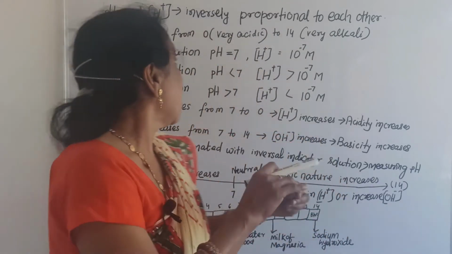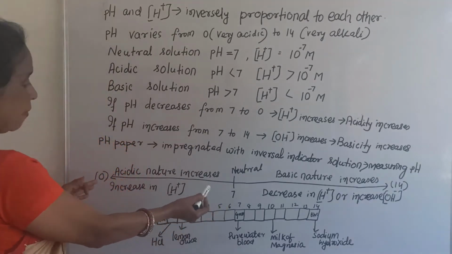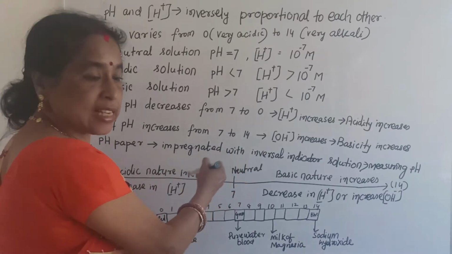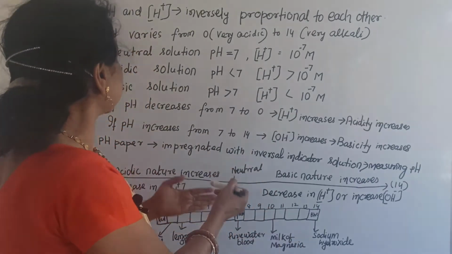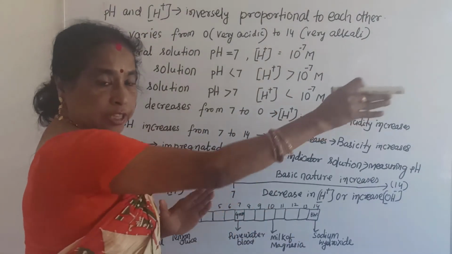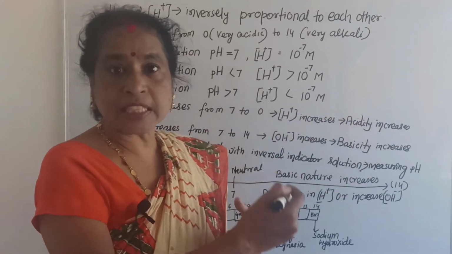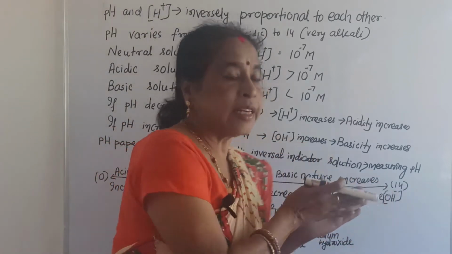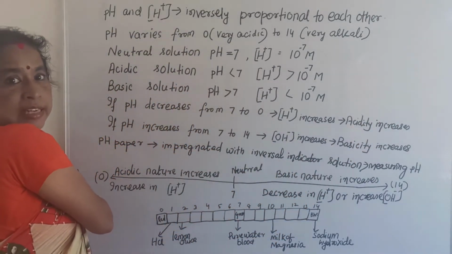Now see in this diagram, from 7 to 0 the acidic character increases, that means the hydrogen ion concentration increases. When you go from 7 to 14, the alkalinity, the basicity, increases. That means the hydrogen ion concentration decreases on this side and increases on the left side.